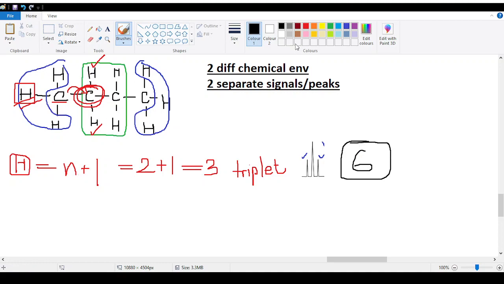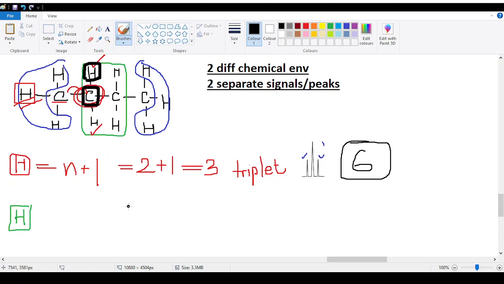Now let's consider one of the hydrogen atoms from the green color group. Anyone from the green group. Which one do you want to choose? Let's choose this one. In proton NMR we always check the proton, which is the hydrogen. So that hydrogen is joined with this carbon, right?